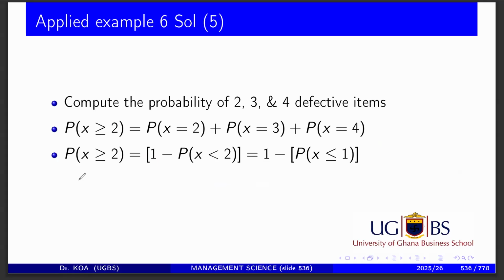So you have 1 minus less than or equal to 1. Either of them will give you the same answer, and that will be 18%. Are you clear? Yes, Doc.